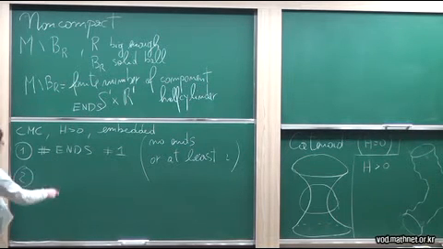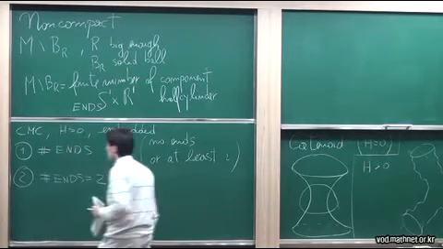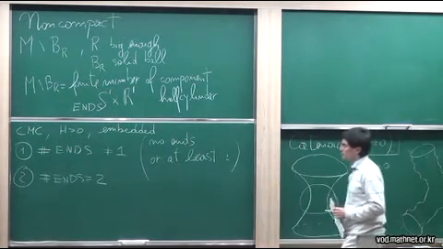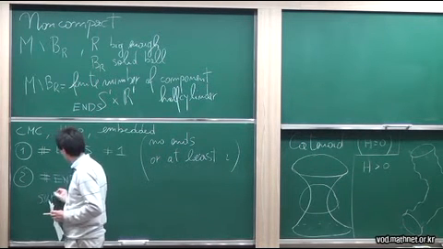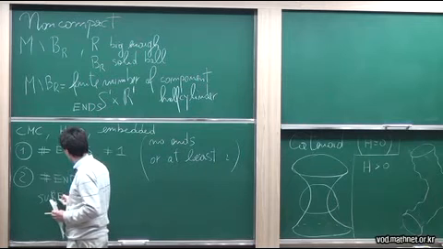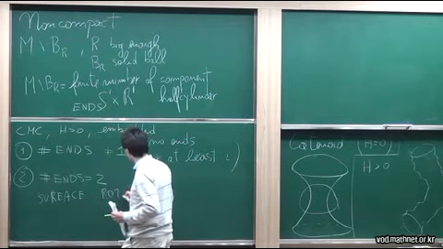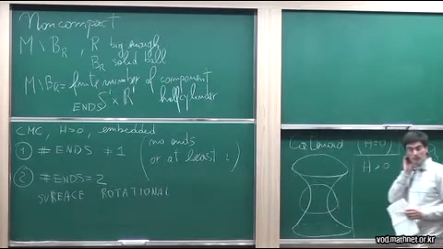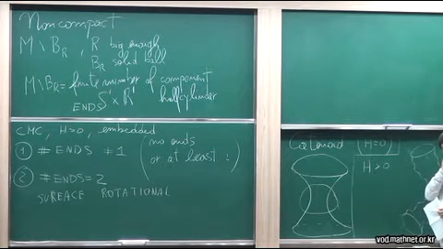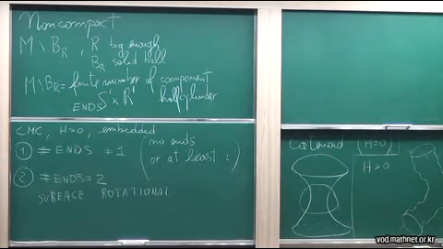If you are in the second case, with the number of ends equal to 2, then the surface is rotational. There are no other constant mean curvature surfaces with 2 ends.